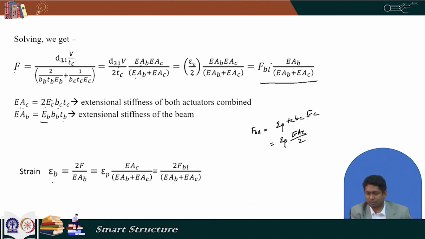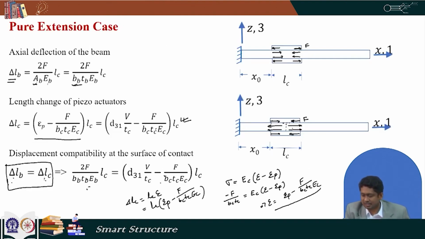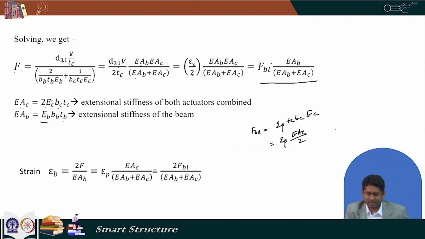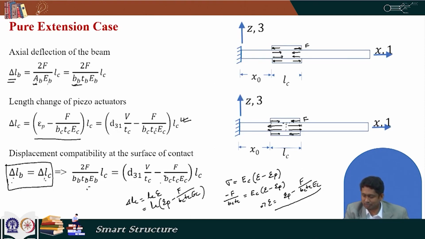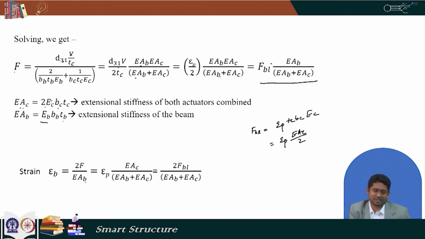If we just go back to the previous slide, after we know the actuation force, the actuation force acts here, so this beam is under force twice F. So, twice F divided by the area is our stress, and that divided by its elastic modulus is the strain.